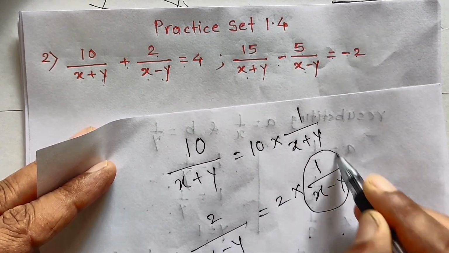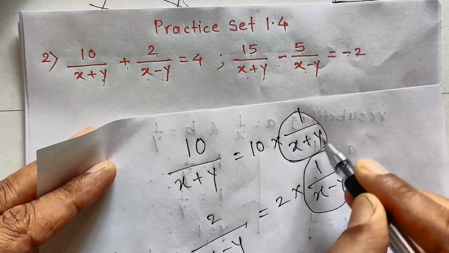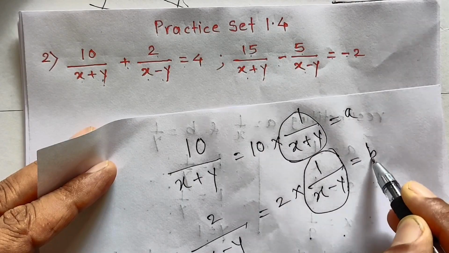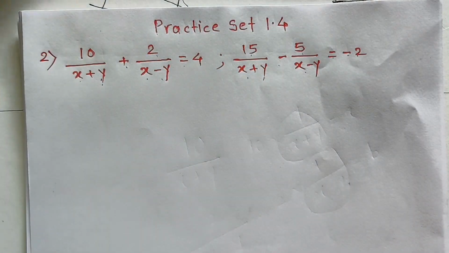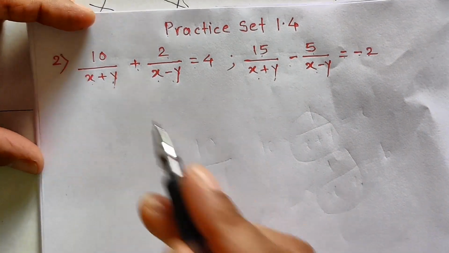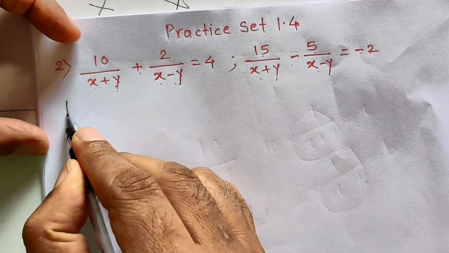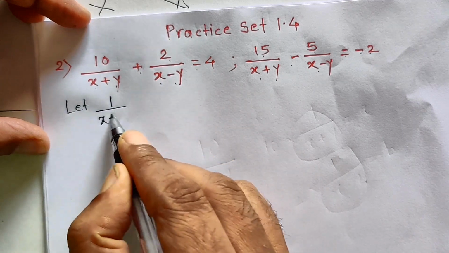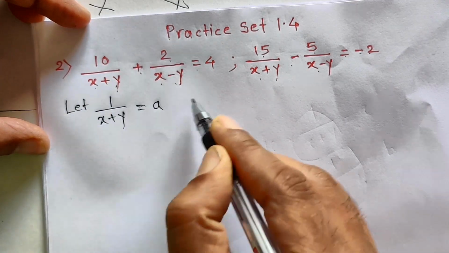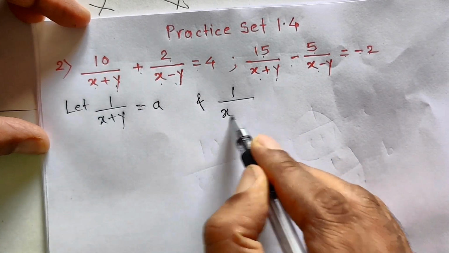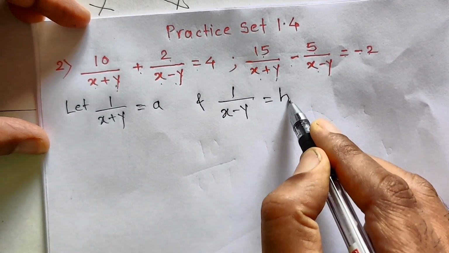So here again substitute 1 upon x plus y is equal to a and 1 upon x minus y is equal to b. Then we get the linear equations. So let 1 upon x plus y is equal to a and 1 upon x minus y is equal to b.